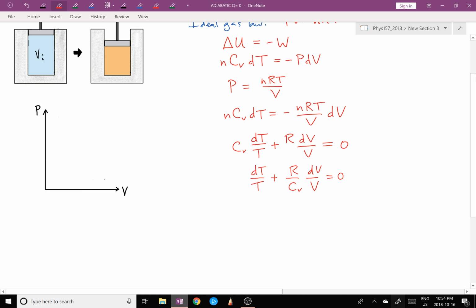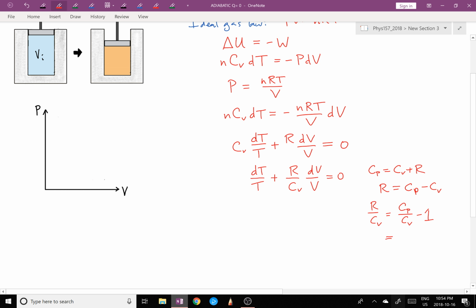And now what usually people do is to remember that Cp was equal to Cv plus R. And so we can write R equals Cp minus Cv. And so R over Cv is equal to Cp over Cv minus 1.